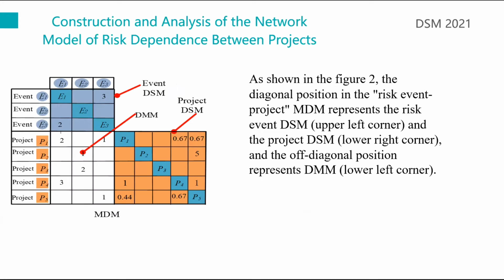As shown in Figure 2, the diagonal position in the risk event project MDM represents the risk event DSM and the project DSM, and the off-diagonal position represents the DMM.